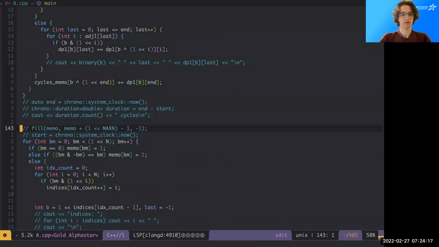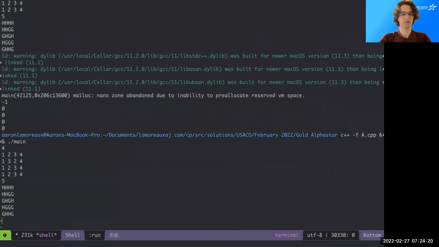Okay, so we initialize this with 0, that fails.